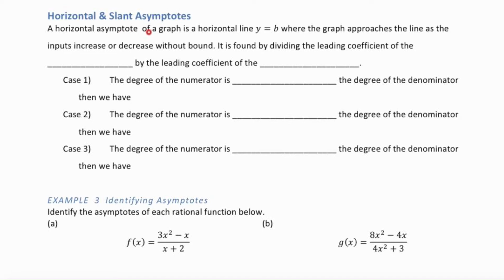A horizontal asymptote of a graph is a horizontal line y equals b, where the graph approaches the line as the inputs increase or decrease without bound. It is found by dividing the leading coefficient of the numerator by the leading coefficient of the denominator.